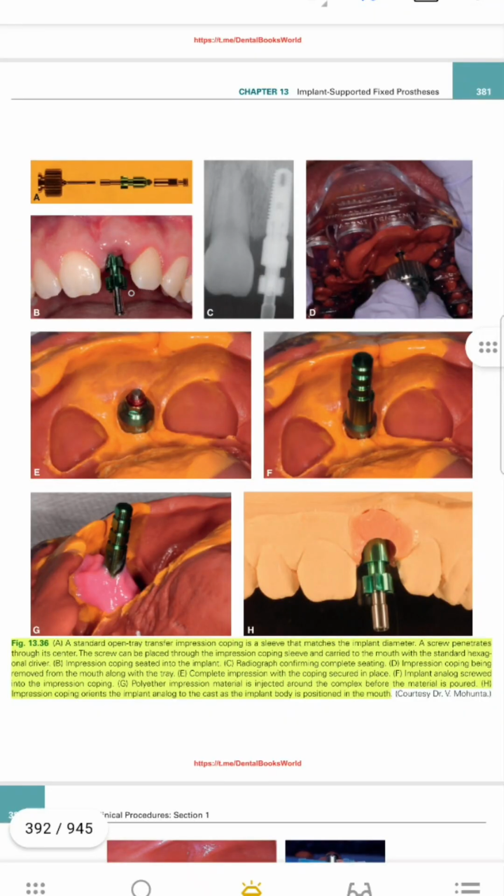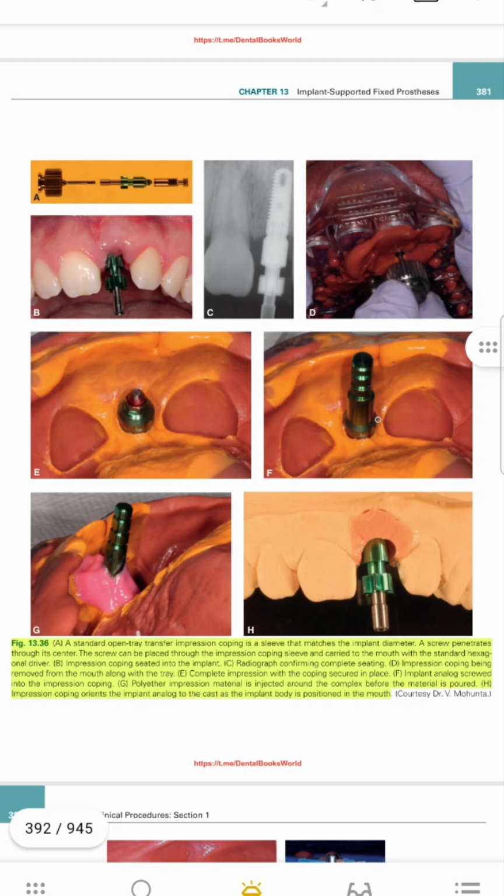The transfer is attached to the implant. Then we do the impression with an open tray where the site of the implant is opened through the tray. After the fixation of the impression material, we remove the screw to untighten the transfer. The impression now has the transfer within it.